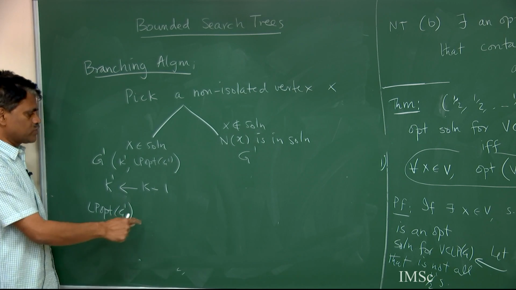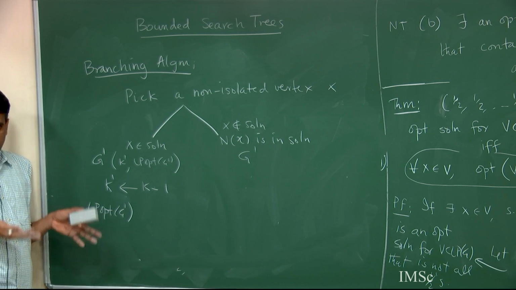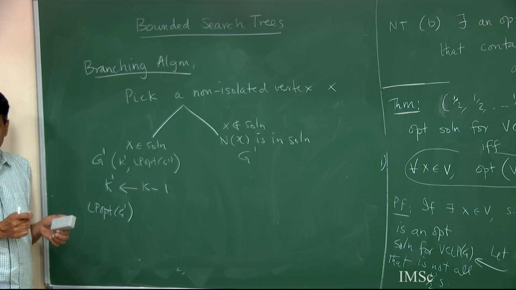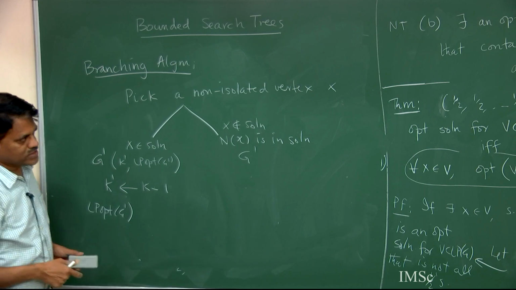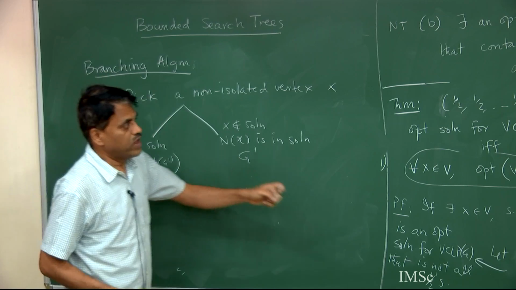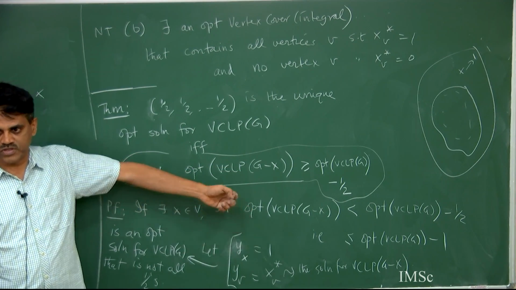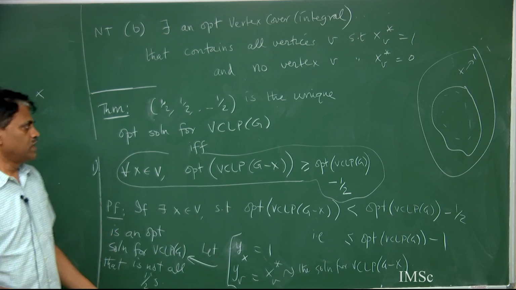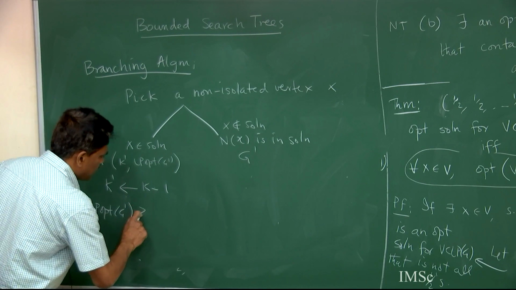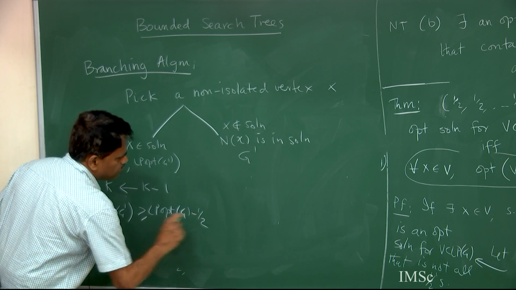If that also happens to be LP opt of G minus 1, then I am sunk, right. Then the difference does not drop, okay. But we know this, we are at this stage, we reached here when this happens, because otherwise we had a way of doing some pre-processing. So, we know that the LP opt of G prime is greater than or equal to LP opt of G minus half.